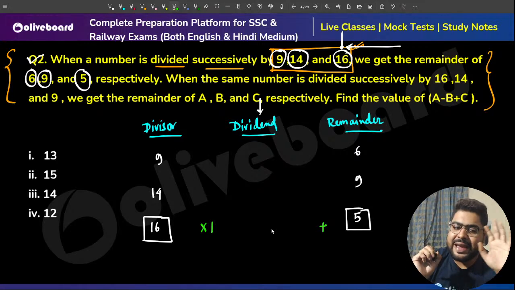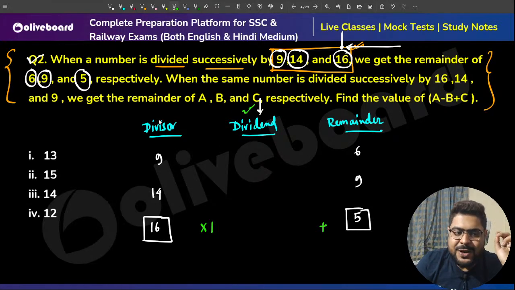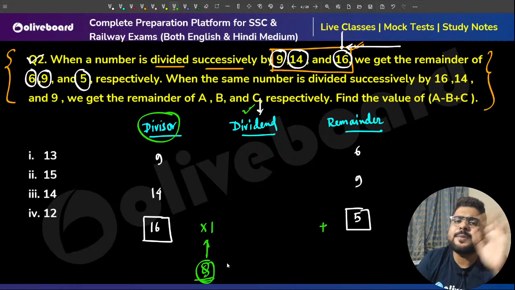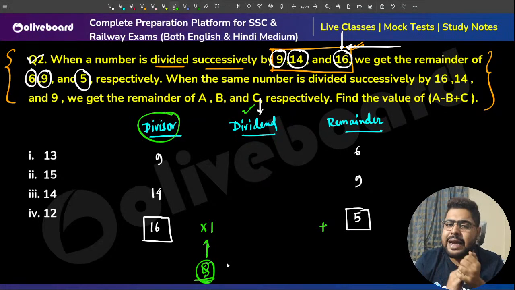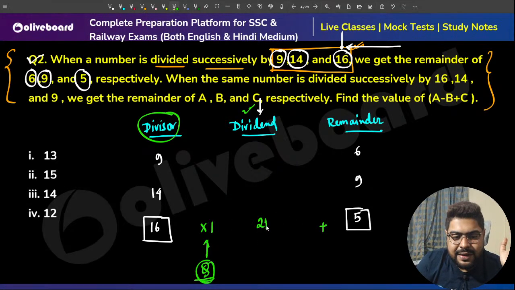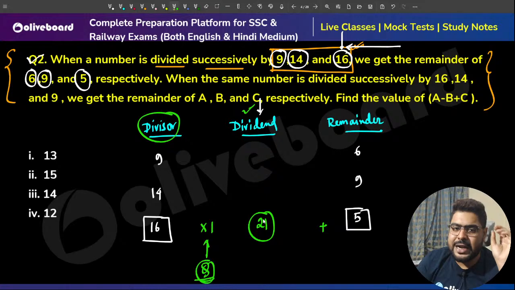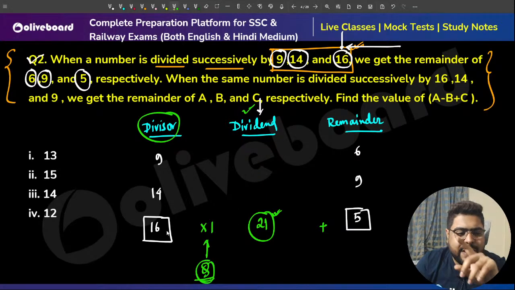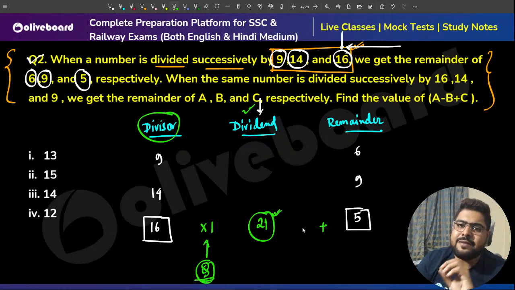I am taking the quotient as little as possible so that our calculation gets reduced. So 16 times 1 is 16, plus 5 is 21. That is the dividend. So the number 21, you divide by 16, you will get 5 as your remainder.